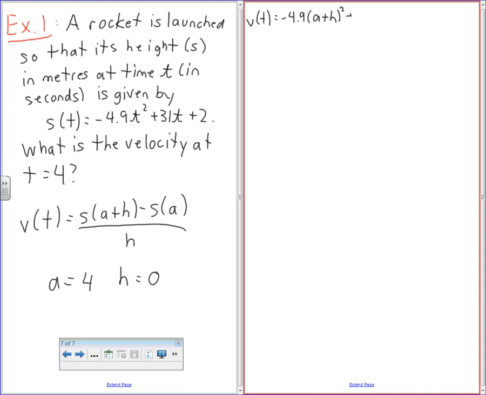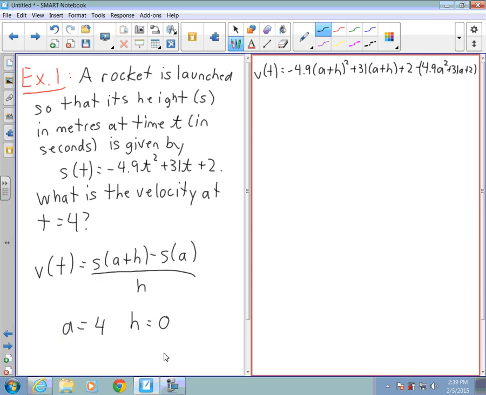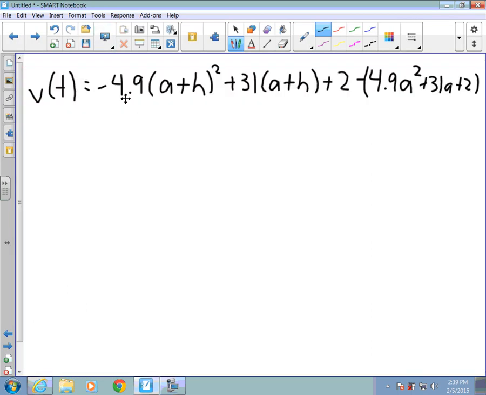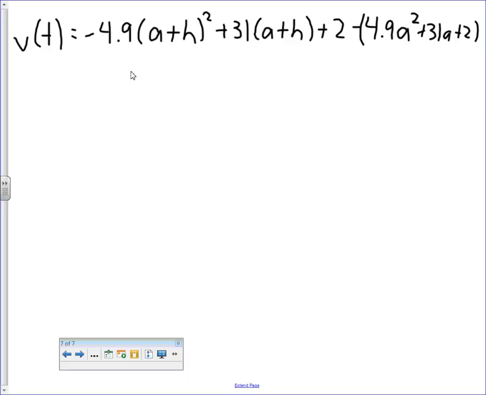It has to be in a bracket. Minus the quantity negative 4.9 a squared plus 31a plus 2, all over h. Great, excellent, wonderful.